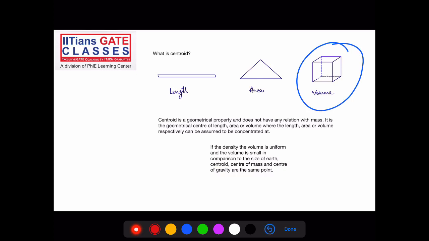However, if the density is not uniform, the centroid and center of mass will be different. So will be the center of gravity.